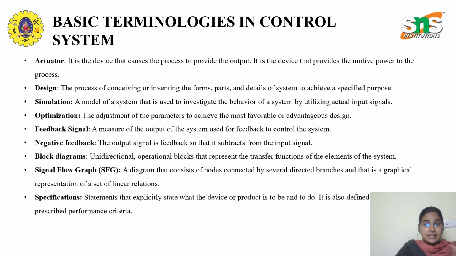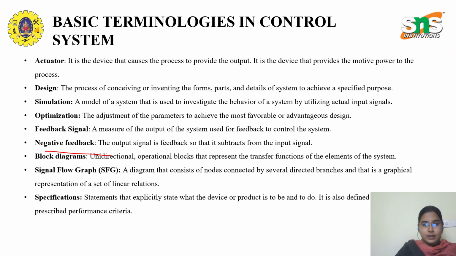A feedback signal is a measure of an output used for taking feedback or suggestions to control our system. And we have negative feedback, where the output signal is fed back so that it subtracts from the input signal. So there are two kinds of feedback: positive feedback to boost the operation or boost the input, and negative feedback which subtracts or reduces the input values.